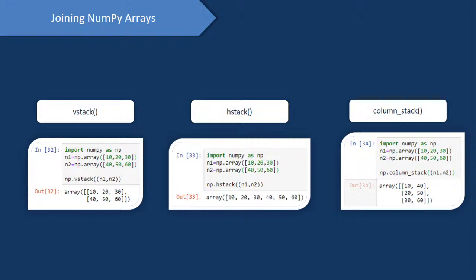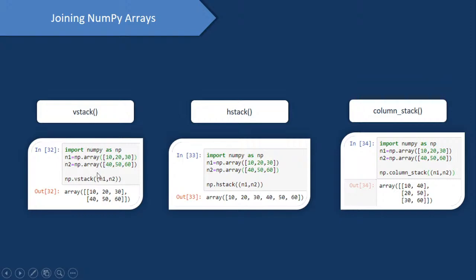We have two NumPy arrays here, n1 and n2. n1 is a NumPy array with the values 10, 20, and 30. n2 is a NumPy array with the values 40, 50, and 60.